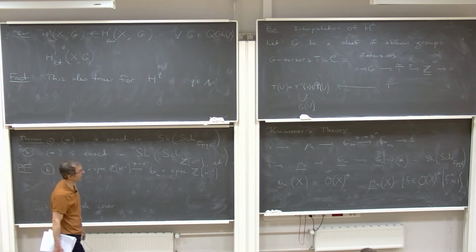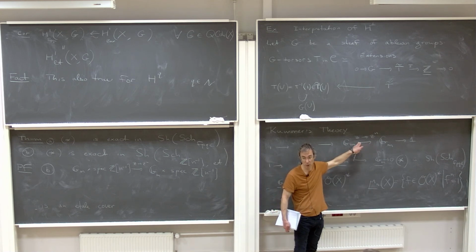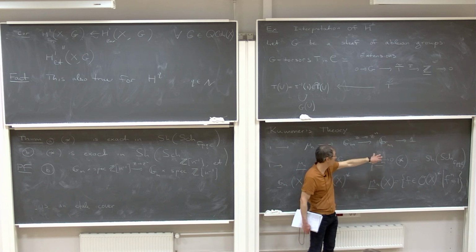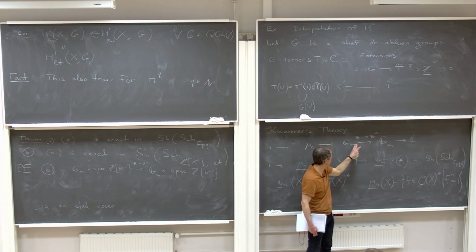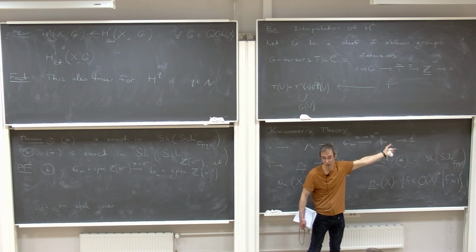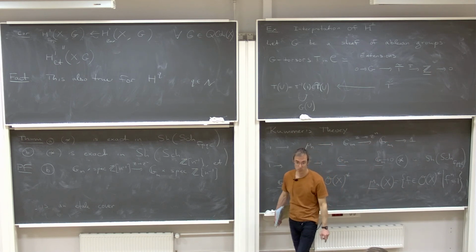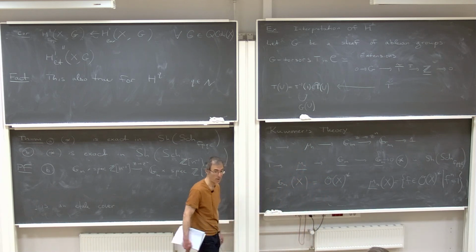So why is it an étale cover? First of all, it's flat, because even this map is flat, right? What are functions on this space? These are Laurent polynomials in z, and this is identified with Laurent polynomials in z to the nth power. And this is a free module over the other, with basis 1, z, z squared, and so on.